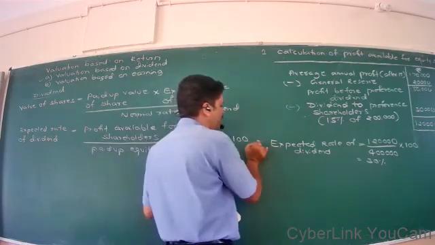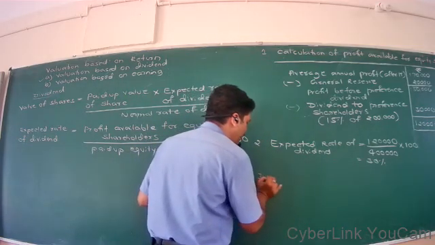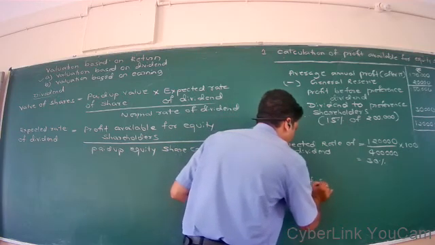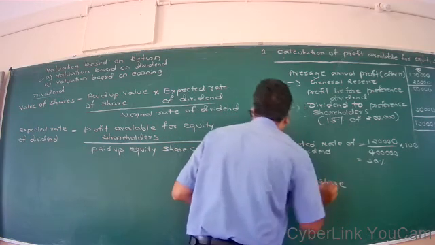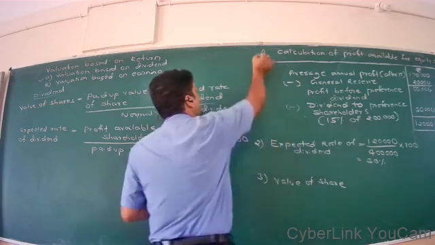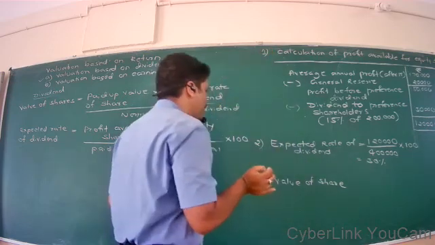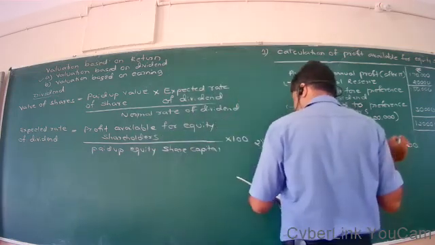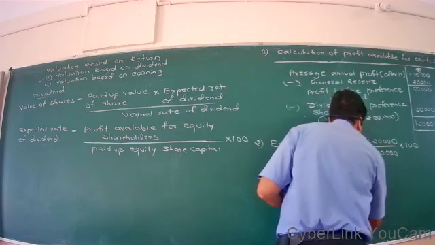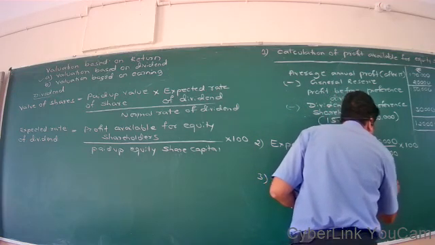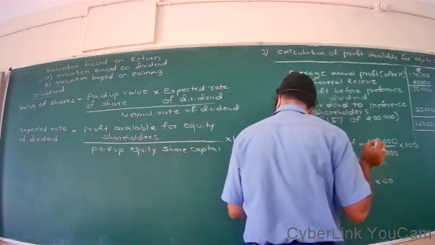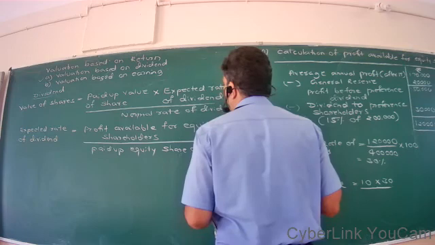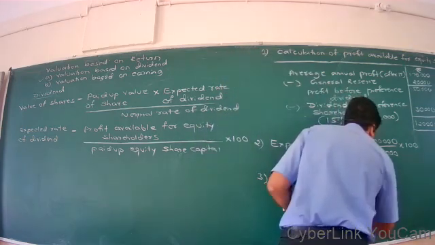Now, the final step, the value of share. The paid up value of share is 10, into expected rate of dividend 30, divided by normal rate of dividend 10.